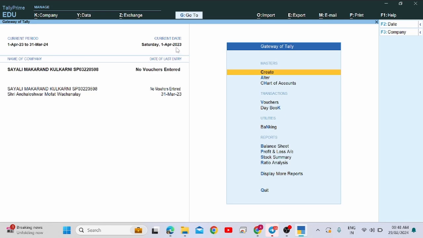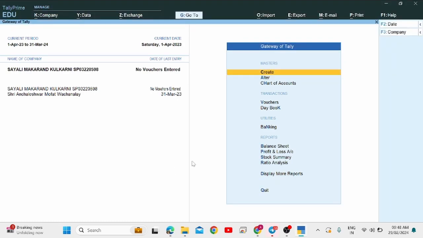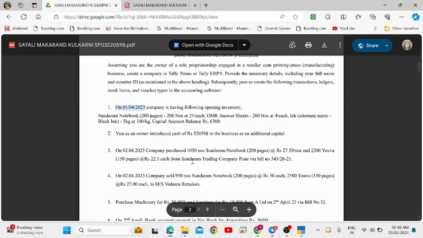You can change that date, correct. And then on the right hand side of the screen you will find gateway of Tally. We want gateway, and here we have gateway, therefore I think we are on the correct track. Now then we will start passing entries in Tally.